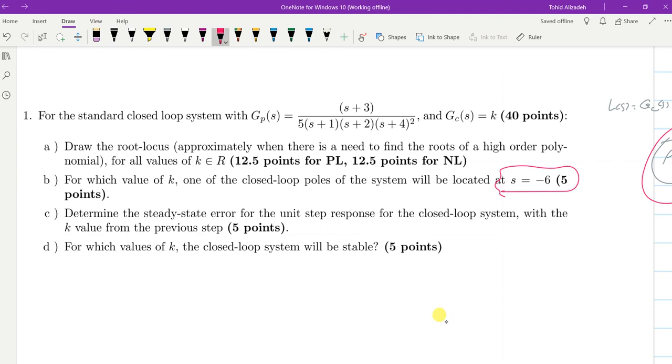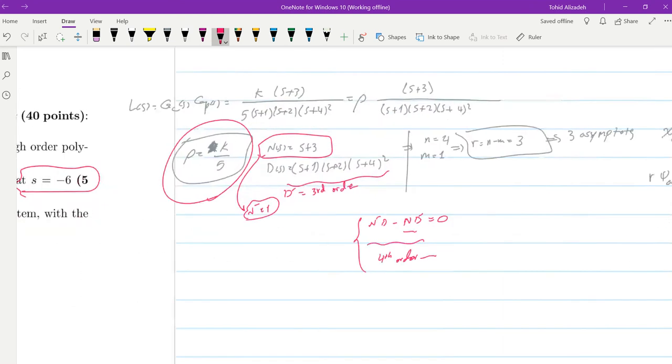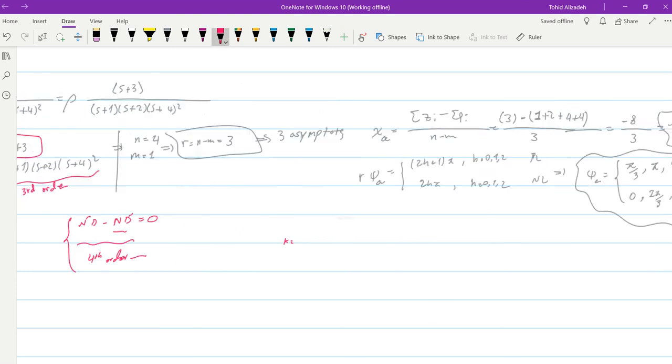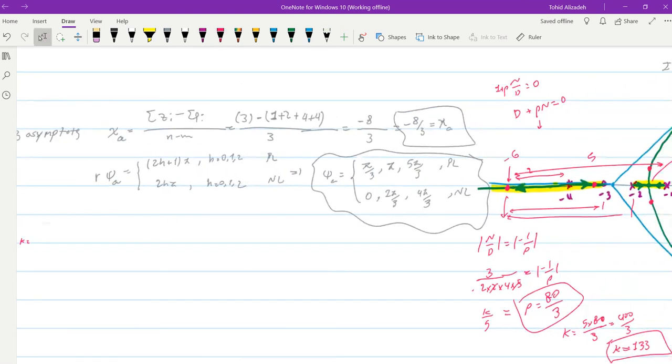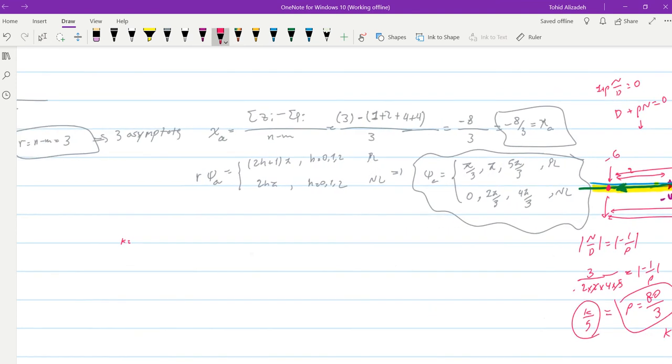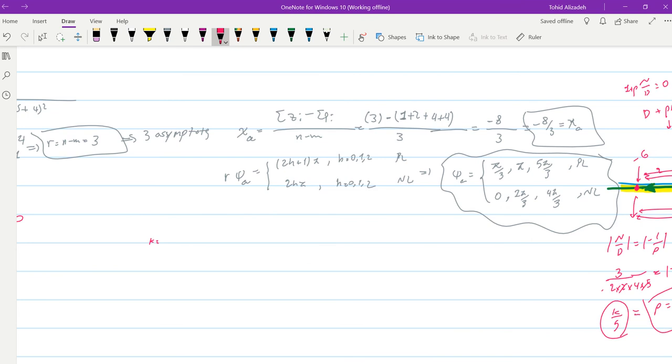Okay, so then we need to determine the steady state error for the unit step response. For the closed loop system with the k value found from the previous step, we have k given. K is equal to 133, or k over 5 is also known, 80 over 3. So we have the open loop transfer function, which is in the form of k over 5 times s plus 3 over the denominator, known with a given value of k.